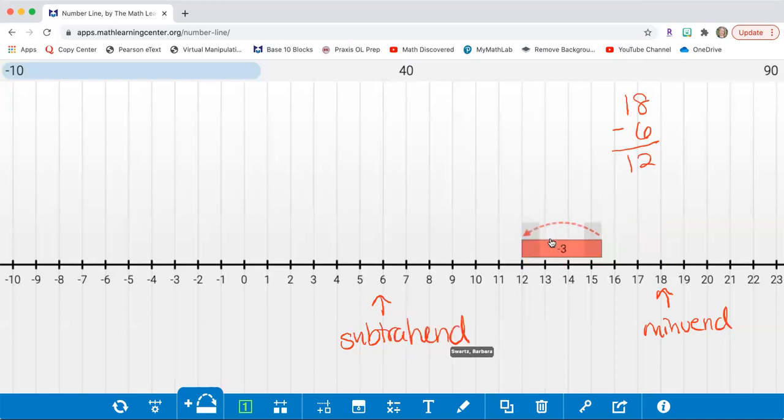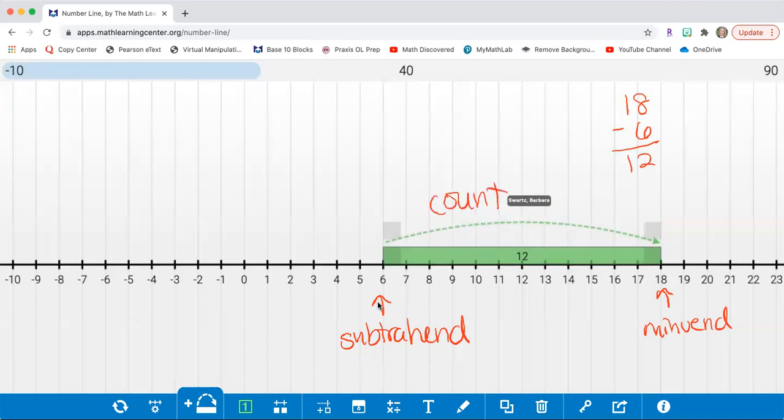Now I can see, and this is kind of using the count up method, if I count up from my subtrahend to my minuend, I see this is my difference, the distance between the two numbers, between 6 and 18, is this positive 12. And now I want you to notice that we're starting here with the subtrahend and going towards the minuend.